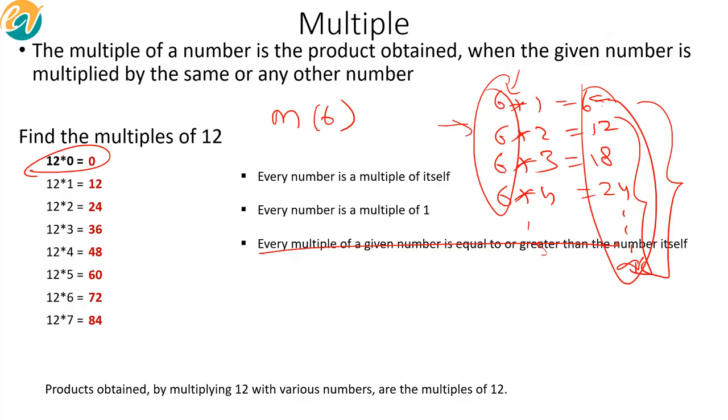By this, I'm hoping you are able to observe the contrast with fractions that we discussed on the last slide. What did we discuss with respect to the fractions? That every factor of a number is either equal to or lesser than the number itself. In fact, it's a good point to reiterate.